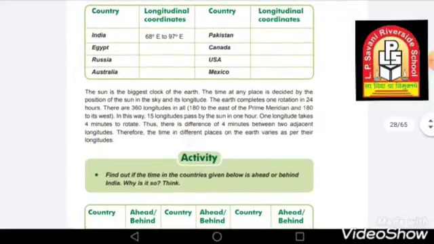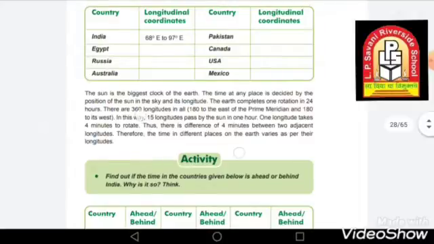Therefore the time varies at different places on the earth as per their longitude. This is the reason why the time is different in all the places of our earth: every longitude, as it rotates, makes a time difference of 4 minutes.